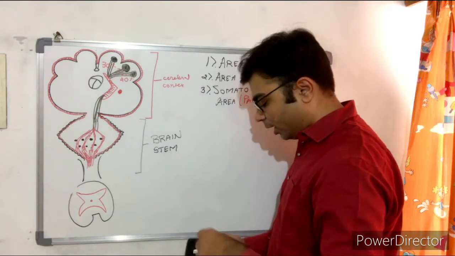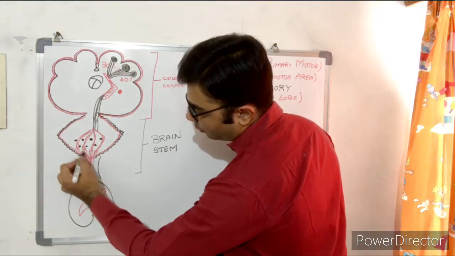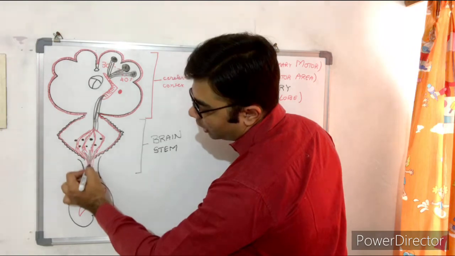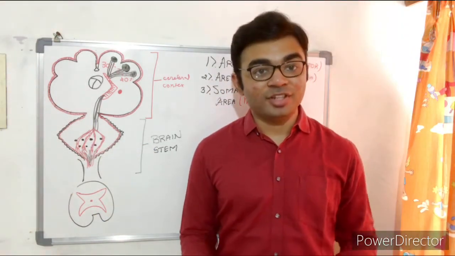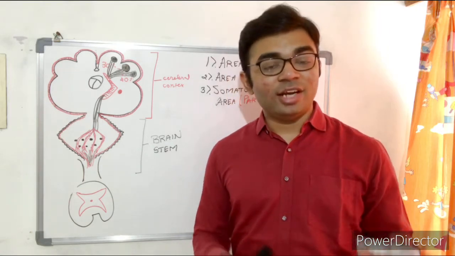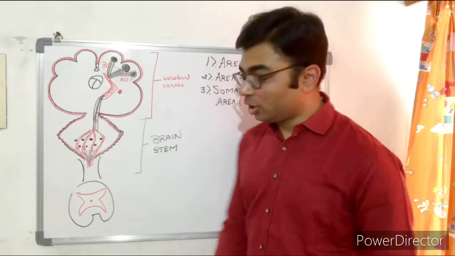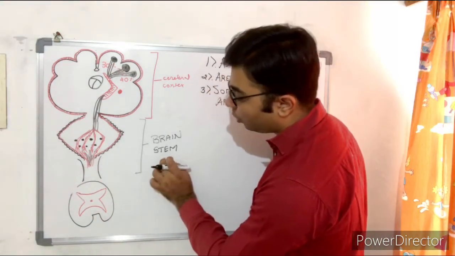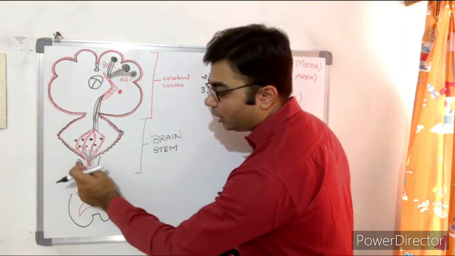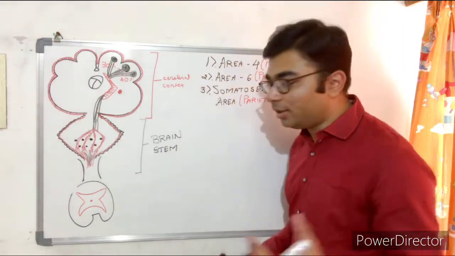This kind of appearance, as you can see over here, is known as a pyramidal shaped appearance, and this is one of the reasons why we call the corticospinal tract a pyramidal tract: at the upper border of the medulla oblongata, the lowermost portion of the brainstem, it gives the appearance of a pyramid. That's why it is a pyramidal tract.